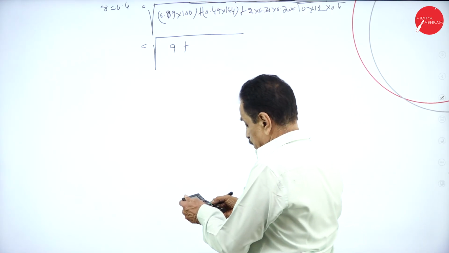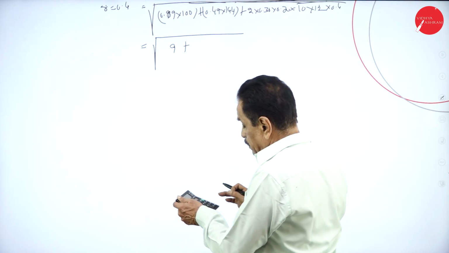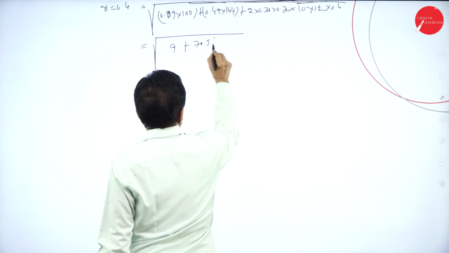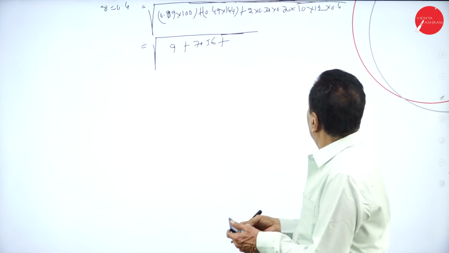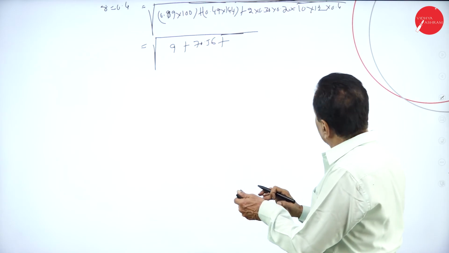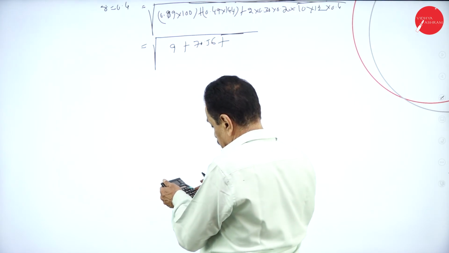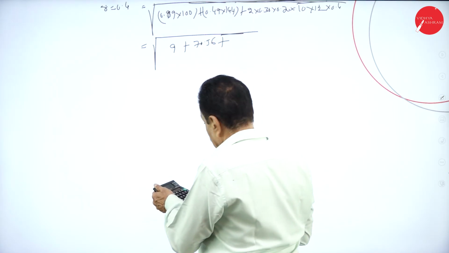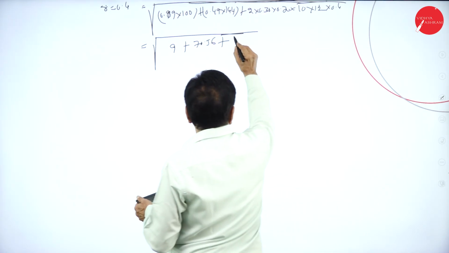This is 0.49 into 144, 70.56, plus this one, 2 into 0.30 into 0.70 into 10 into 12 into 0.4, 20.16.